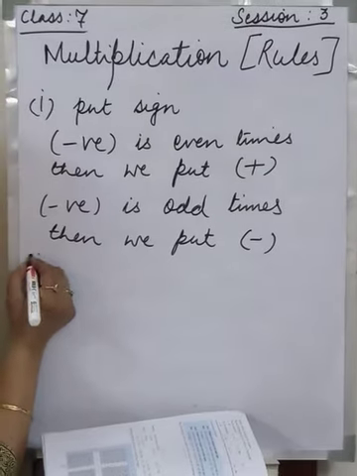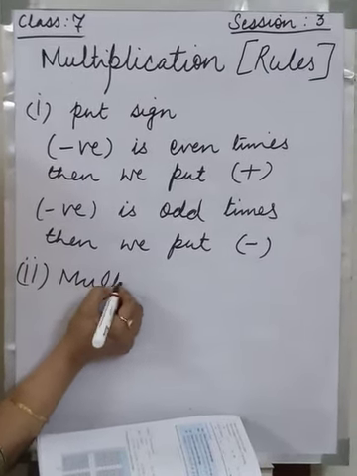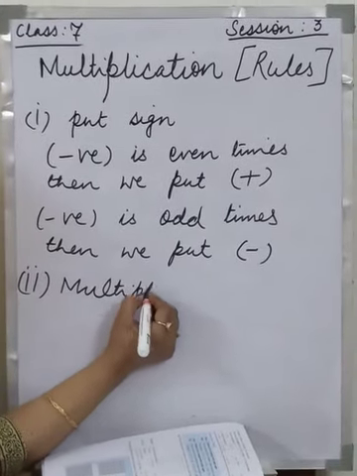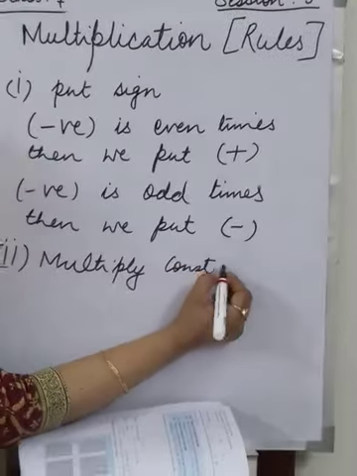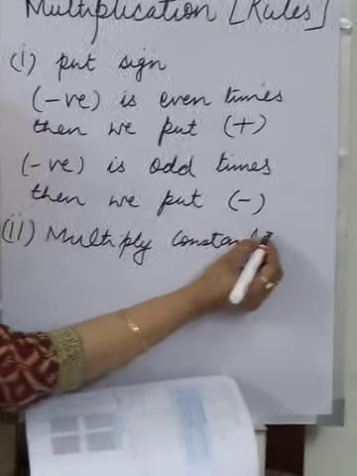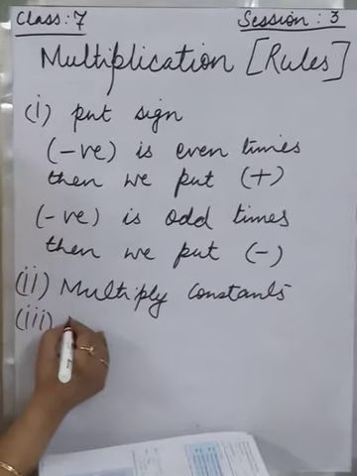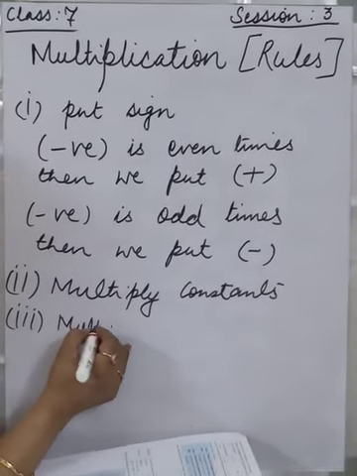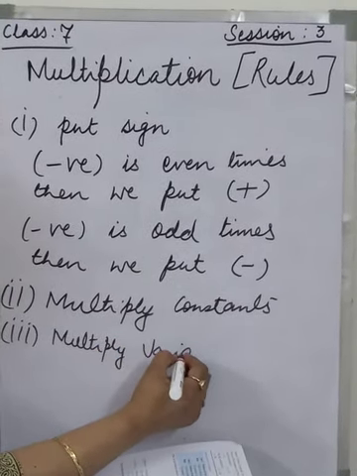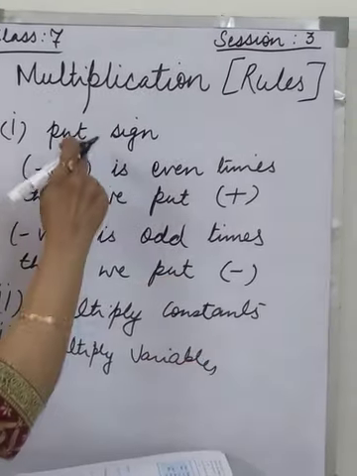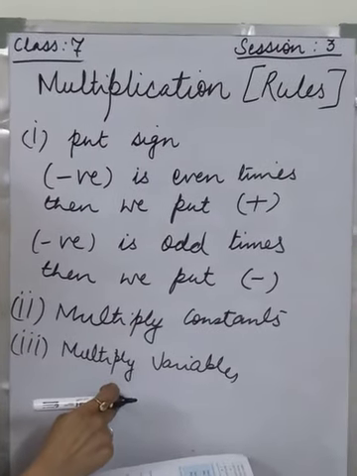Then, firstly we put the sign, secondly we multiply the constants, and if we have variables also, then next we multiply the variables. So this way we multiply. Firstly we put the sign, then we multiply the constants, and then we multiply the variables.